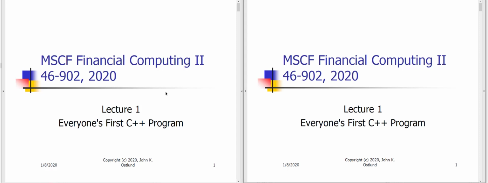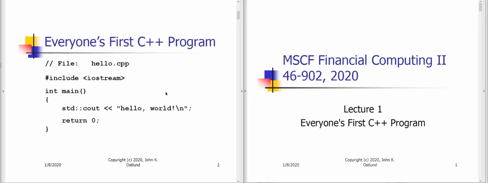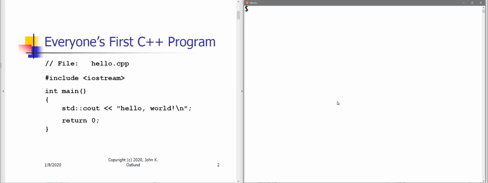Okay, so everyone's first C++ program is this Hello World program that simply displays Hello World onto the screen. Let me demonstrate this right away. I'm going to pull up my Ubuntu Linux window. I have Ubuntu Linux installed on my Windows 10 machine.